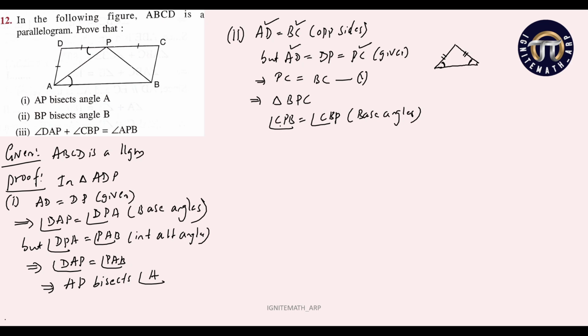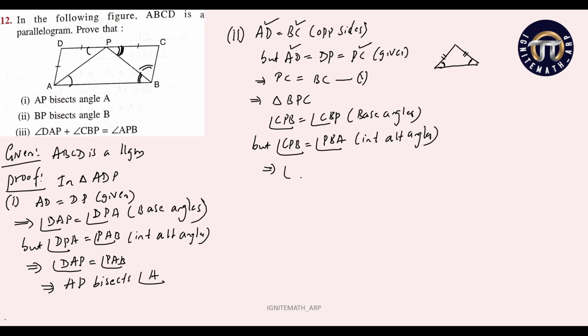Clear? So now we prove that CPB equals CBP. We can say CPB is equal to this angle, PBA, interior alternate angles. So listen, CPB, this angle, is equal to this angle, and CPB is also equal to this angle.